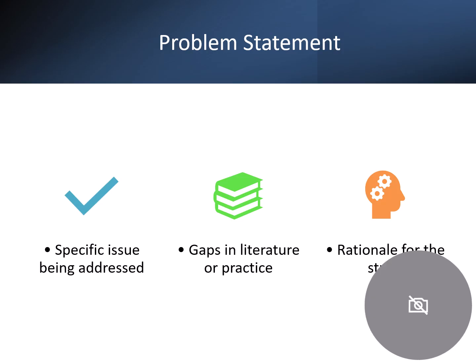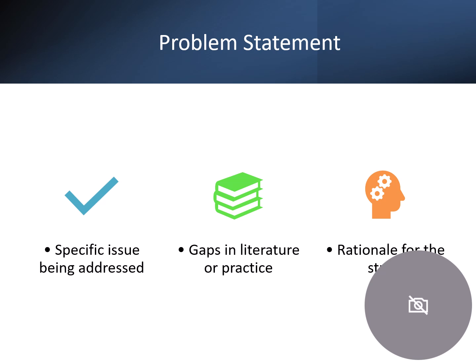When we write about the problem statement, it should be clearly written so that it can clarify the core issue or gap that your study aims to fill. Highlight why this problem is important and worthy of research.